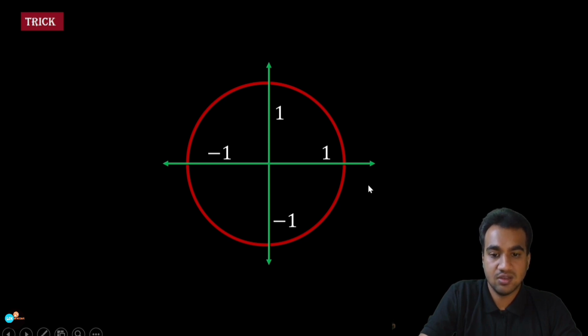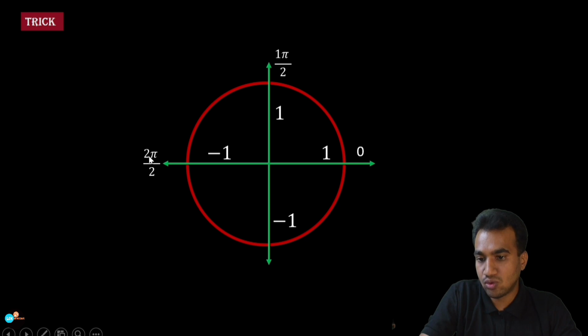So that is 0, pi by 2, but I will write just 1 pi by 2, and here it is 2 pi by 2. 2 pi by 2 is nothing but pi itself. 2 will cancel, you will get pi, and here you will get 3 pi by 2.